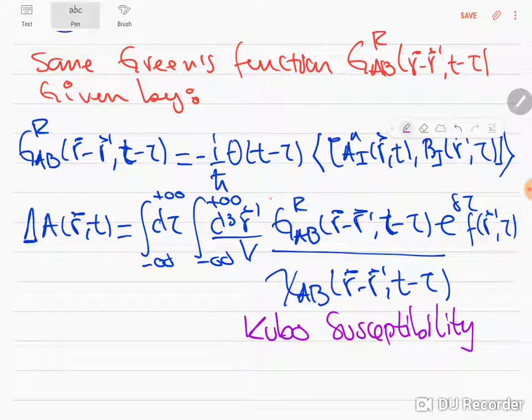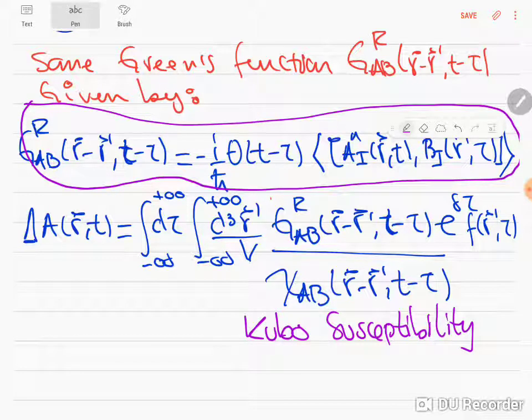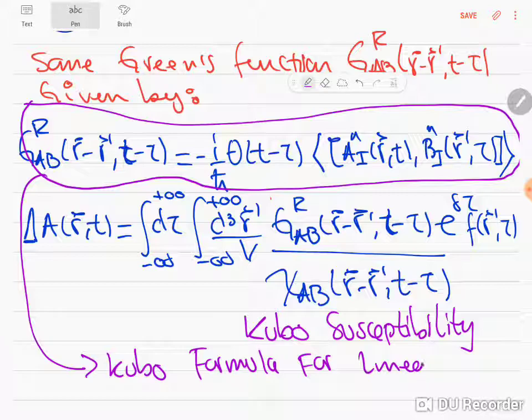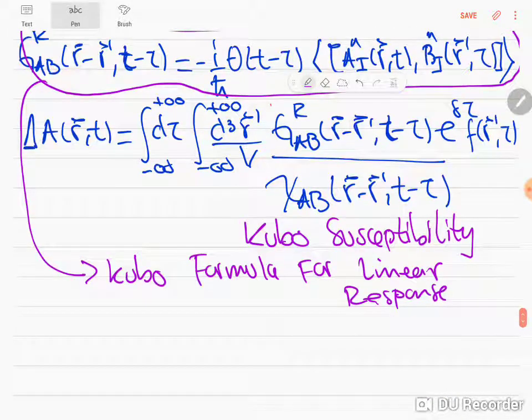Okay, and this formula that you see here is what is known as the Kubo formula for linear response. And then of course there are great things that you can do with that.